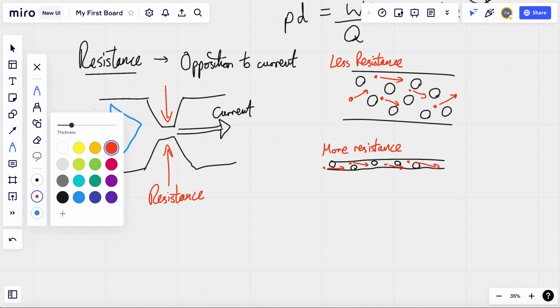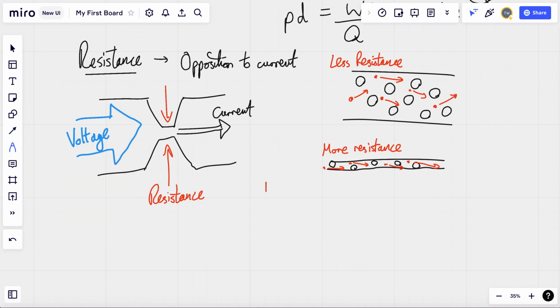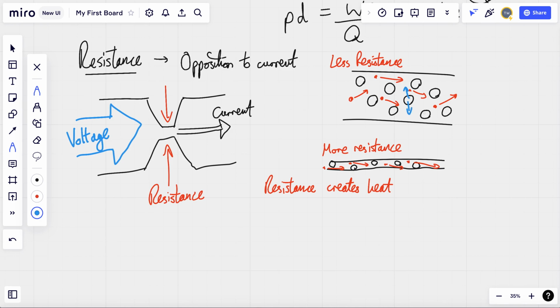Okay, the last thing I'm going to talk about with this is that resistance creates heat. If we have heat, then these particles, these atoms, are going to move and vibrate more and more frequently.